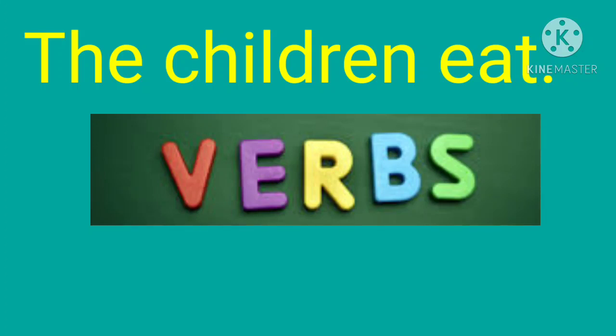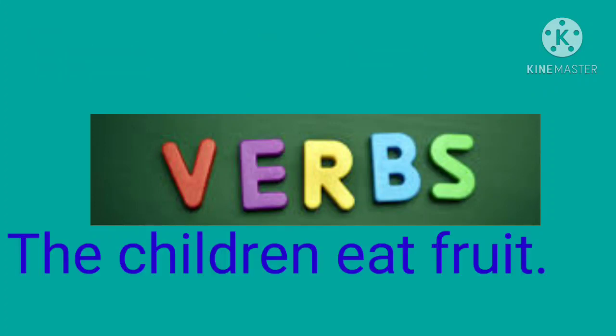So we can write this sentence like the children eat fruits. The children eat food, right? Anything, whatever they eat, we can write. So suppose I have written the children eat fruit. So we know that the verbs need some words to make complete sense. And words that are added to the verbs to make complete sense are called objects.